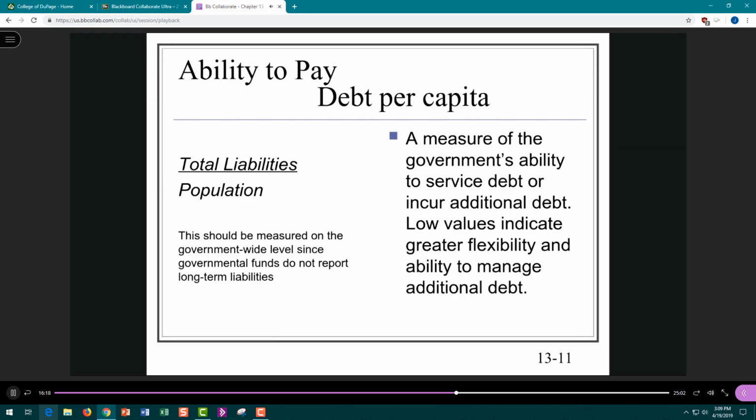In fact, if the government is issuing bonds, general obligation bonds, those are bonds that are backed by the full faith and credit of the government, it's not unusual at all to see this sort of ratio popping up somewhere in what is called the official statement. The official statement is essentially a prospectus on the bonds to be sold. So it gives the reader, the potential bond buyer, a feel for how much debt this government already has.